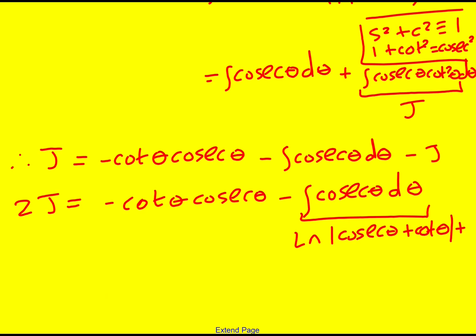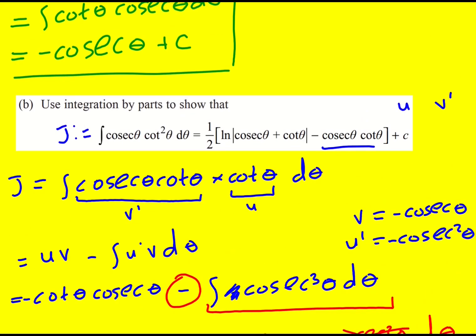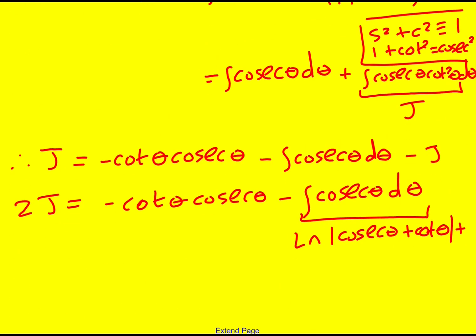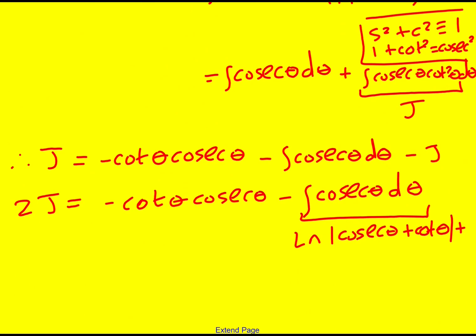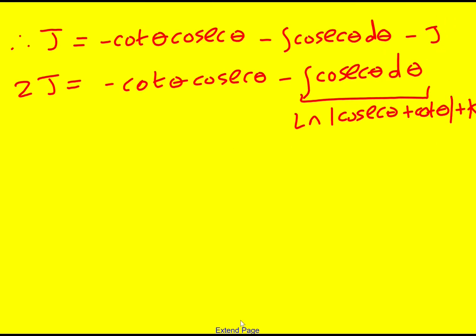Let me just check the final answer. Does it include plus? Oh, it does, but outside the bracket. So I'm just going to call it K for now because I'm going to be dividing by 2 in a minute. Now this is actually an awkward integral.